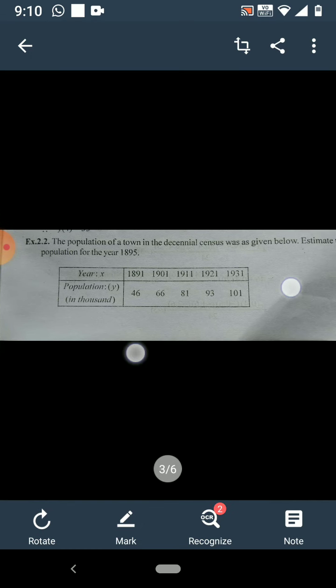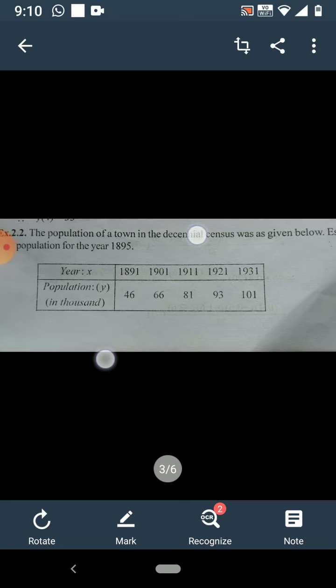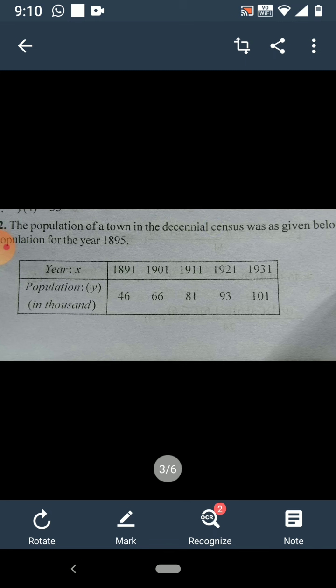Then we shall consider one small problem. The population of a town in a decennial census was as given below. Estimate the population for the year 1895. Here the values of x are 1891, 1901, 1911, 1921 and 1931, and the corresponding population in thousands is given as 46, 66, 81, 93 and 101.